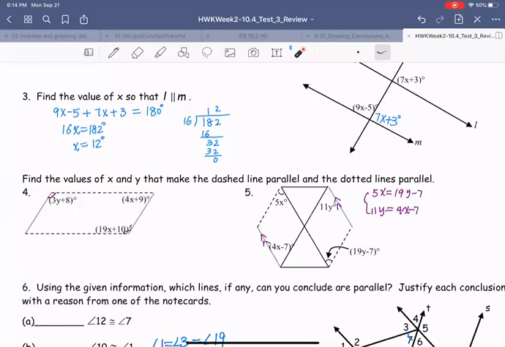Find the x and y values that make the dashed lines parallel. 3y plus 8 equals 19x plus 10. Yes. And then 9x plus 10 plus 4x plus 9 equals 180. Then go ahead and solve for x and y. Solve this system of linear equations now.